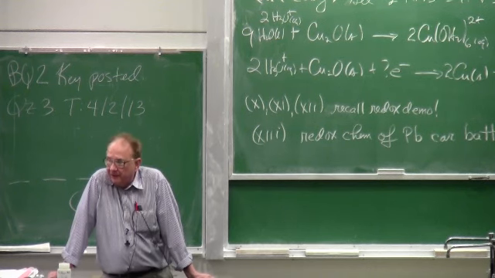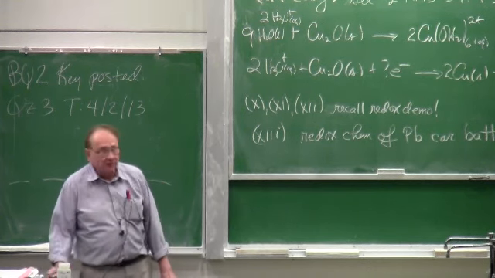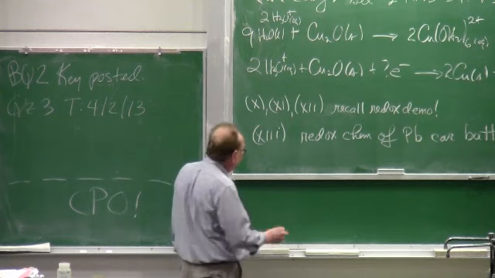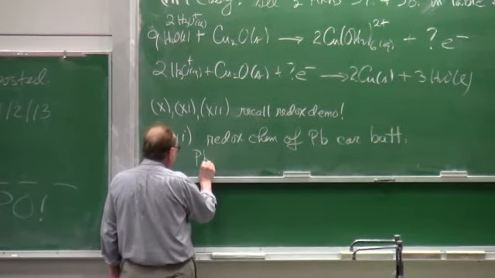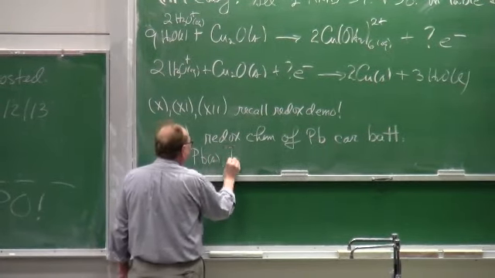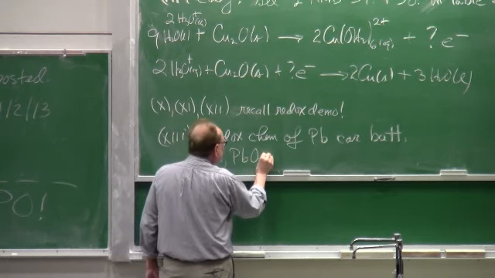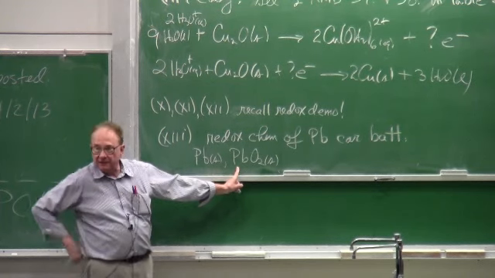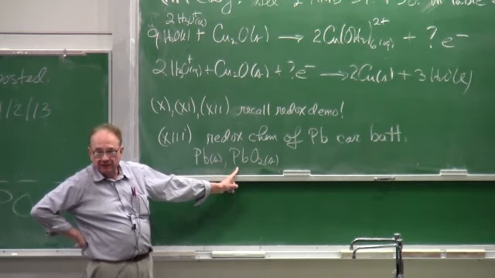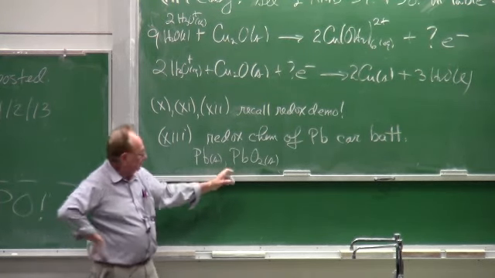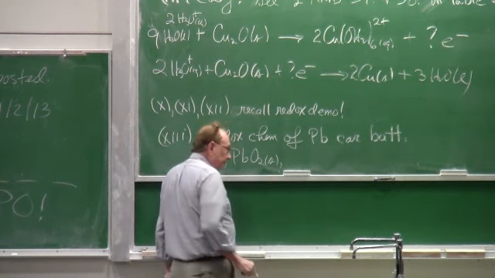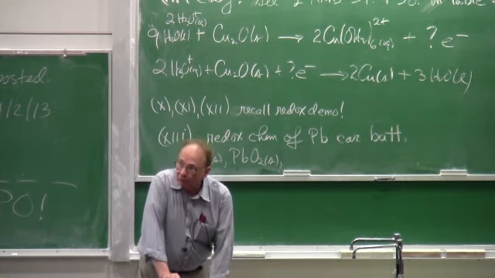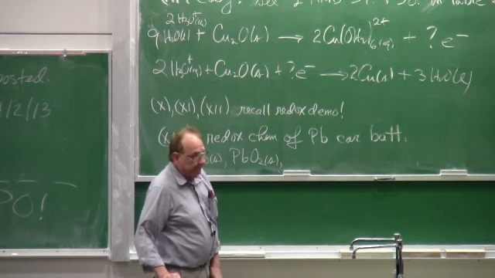Automobile storage battery. Technically, the automobile storage battery is very simple. Made from lead dioxide, which at a glance I hope you will recognize contains lead in what oxidation state? +4. And 4.5 molar sulfuric acid solution.